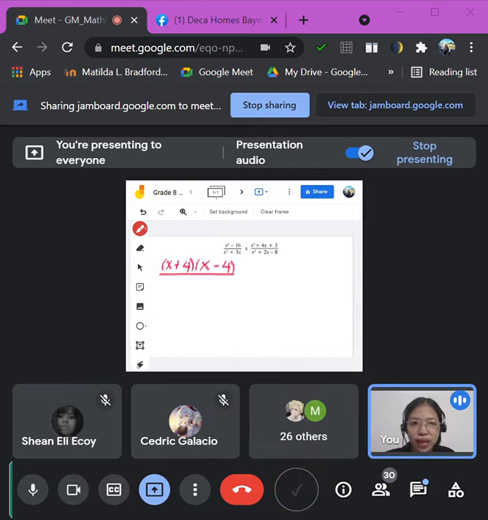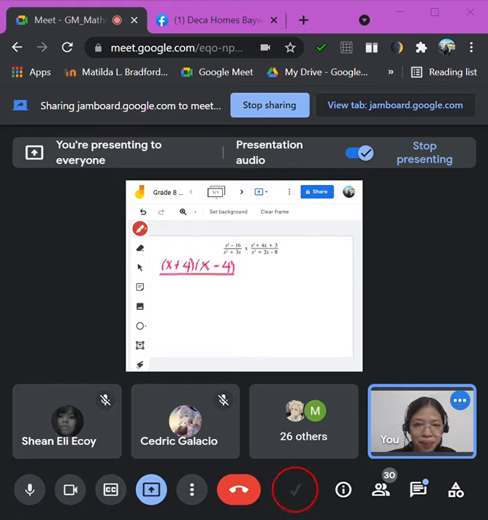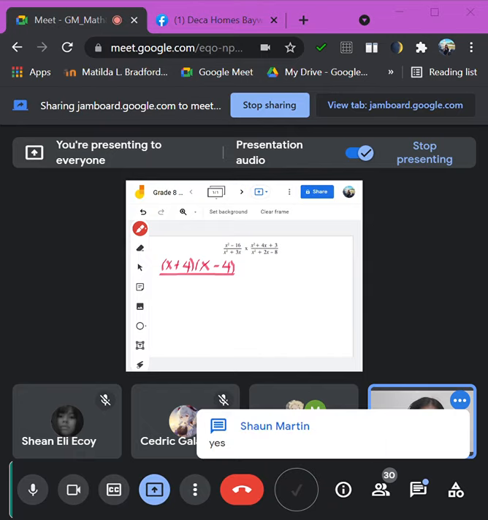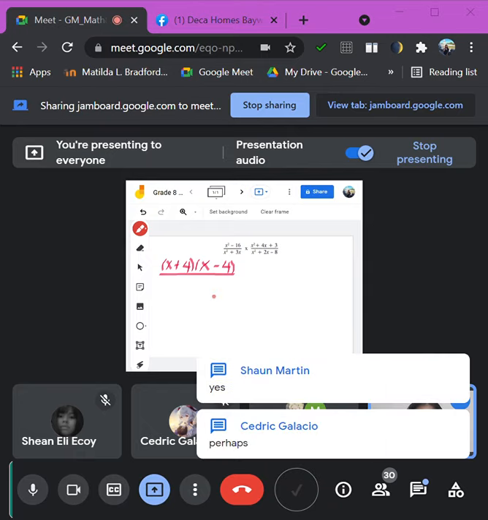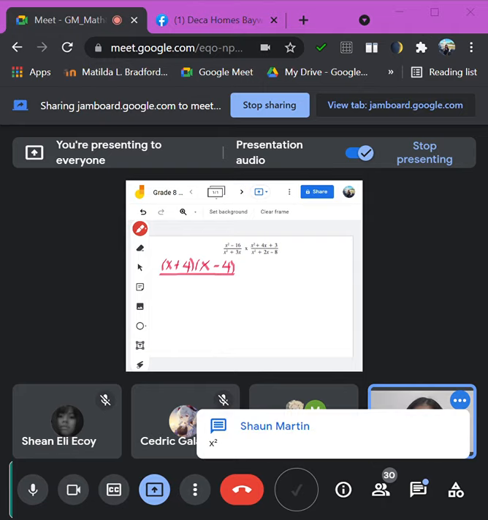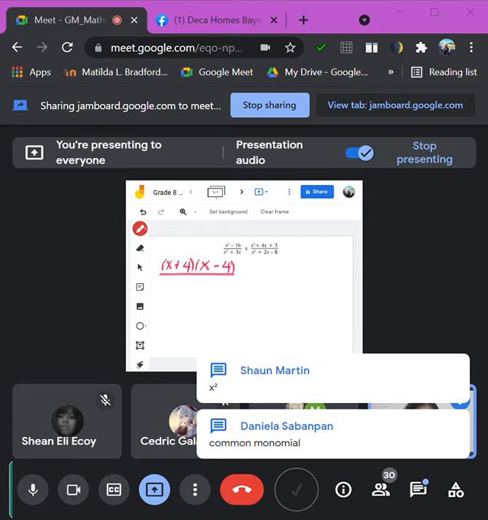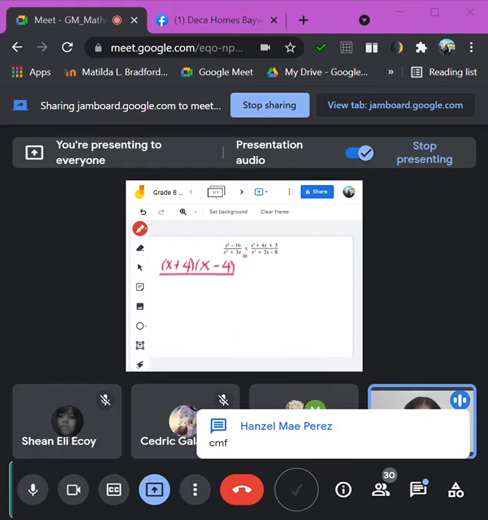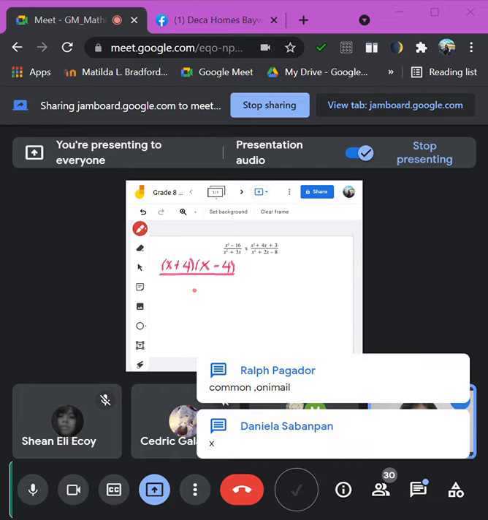How about our denominator class? Pwede ba siyang ma-factor? Dapat tayo ma-apply nga factoring, ani? Okay, yes. Unsa man atong ma-apply, ani, class? We have the common monomial factor. Very good. So, we have there, unsay common sa x squared plus 3x, class? We have our x.